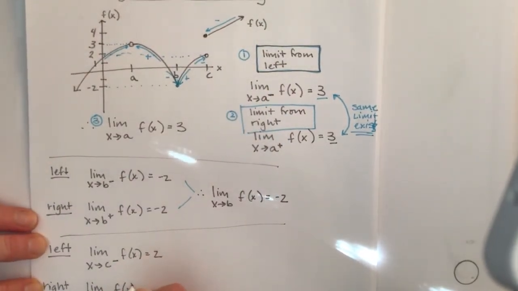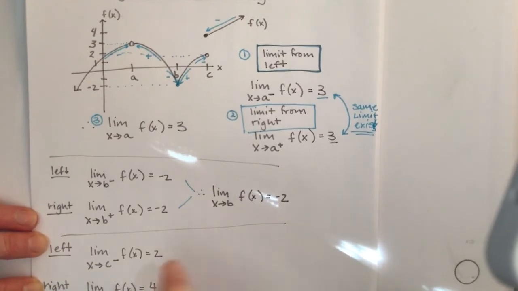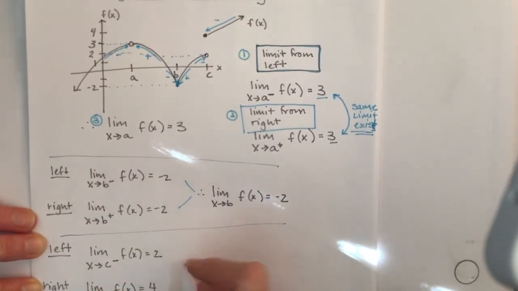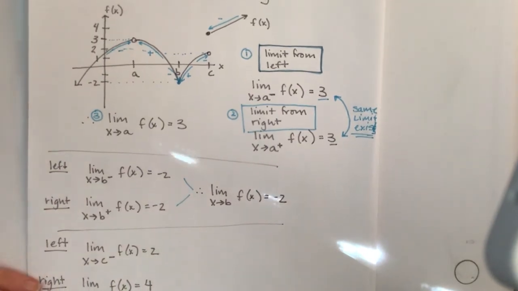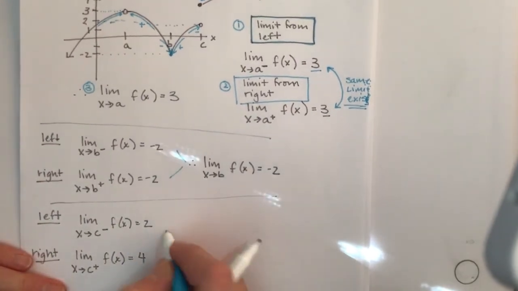F of x is equal to 4. So the one-sided limits exist, but the actual limit at C does not exist.